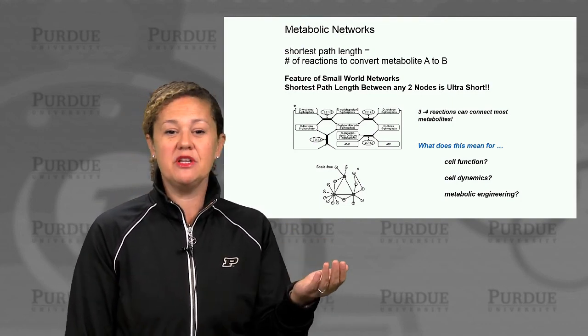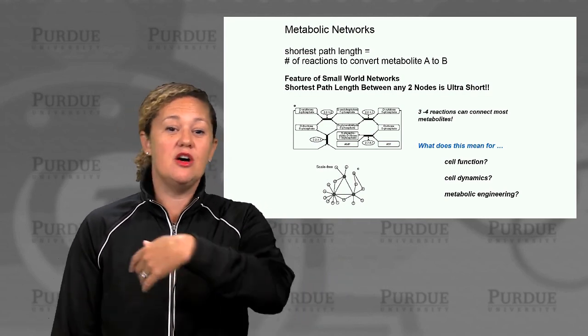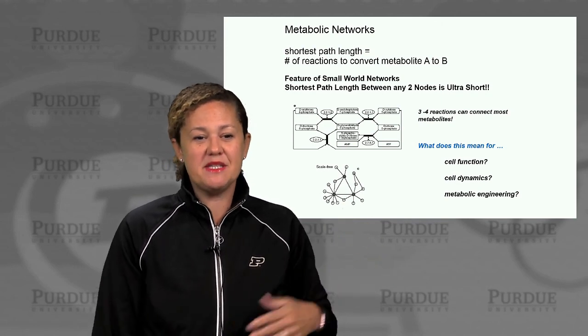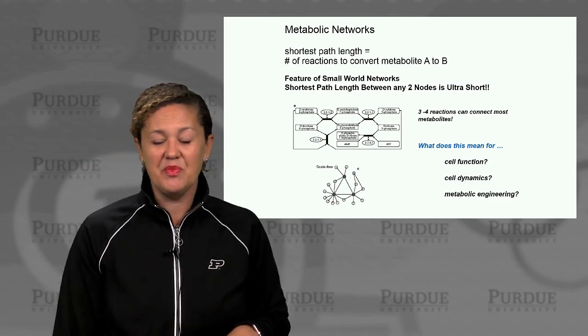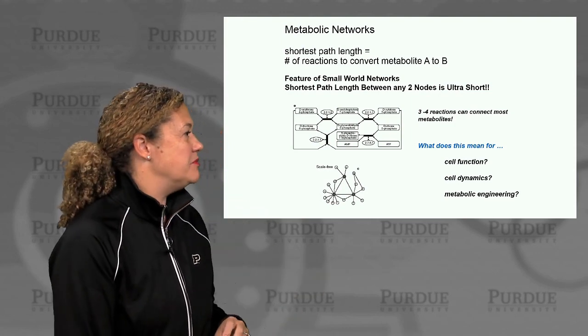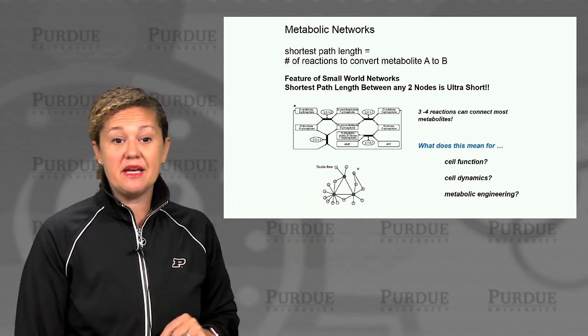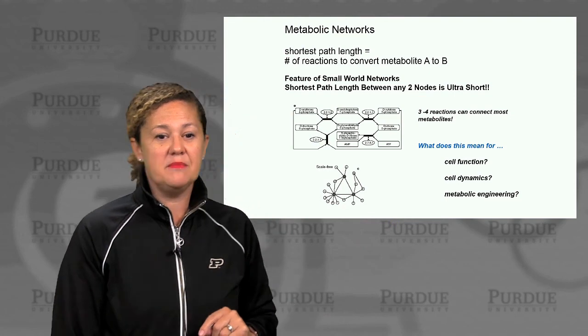And so by traveling through highly connected nodes, you can get from one friend to almost anybody in the world with a surprisingly small number of steps. This is the six degrees of separation concept that's also been popularized in books and movies. But what does this mean for cell function dynamics, and if we would want to engineer the metabolism of these cells?